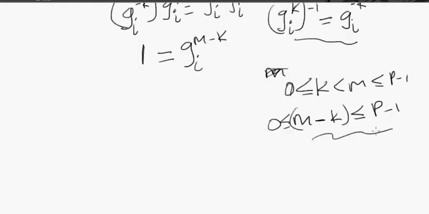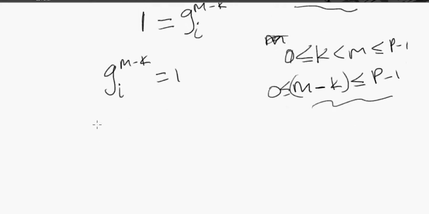If k and m being between 0 and p minus 1 also implies that m minus k is between 0 and p minus 1, what is this statement telling us? What does it mean to say that g sub i to the m minus k equals 1?